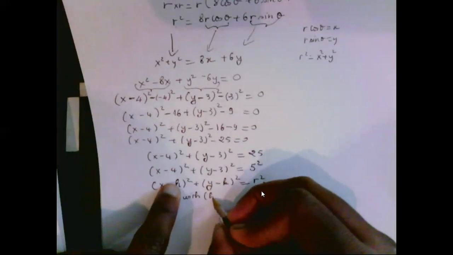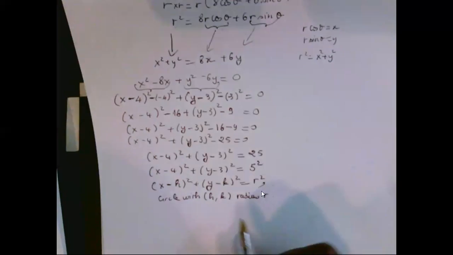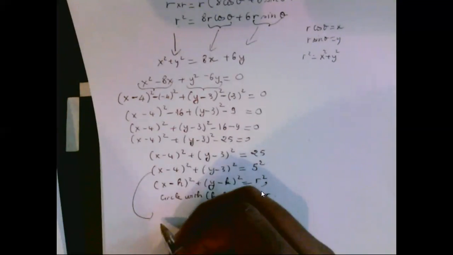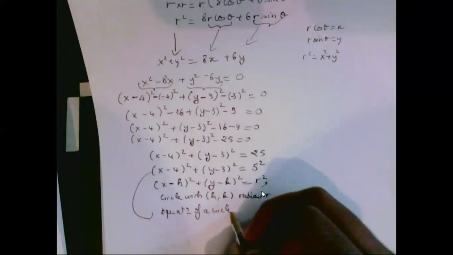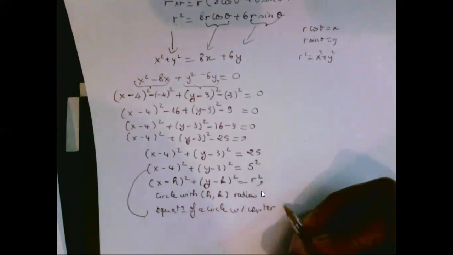So in our situation, h is equal to 4, k is equal to 3, and r is equal to 5. So this is the equation of a circle with center (4, 3) and radius 5.